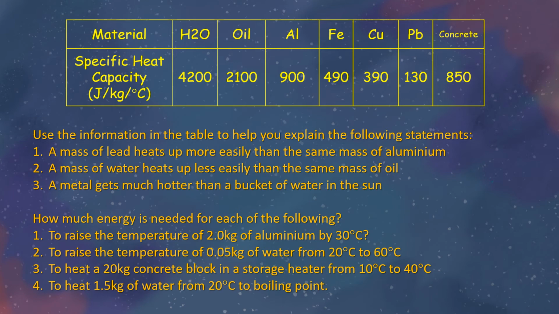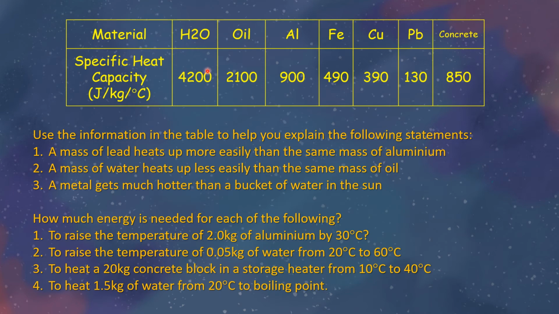Okay, here we have a table of materials and their specific heat capacities. So this here, let's take water for an example. This number here, 4,200, is how many joules of energy it would take to increase 1 kilogram of water by 1 degree Celsius.